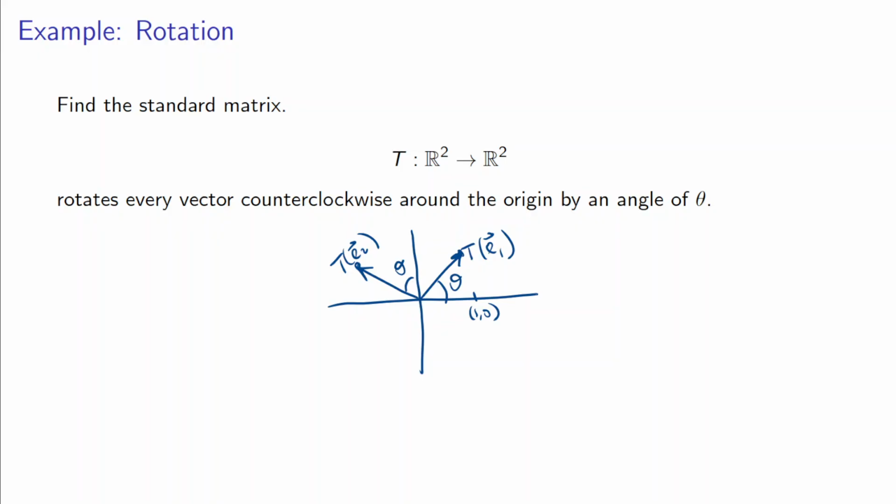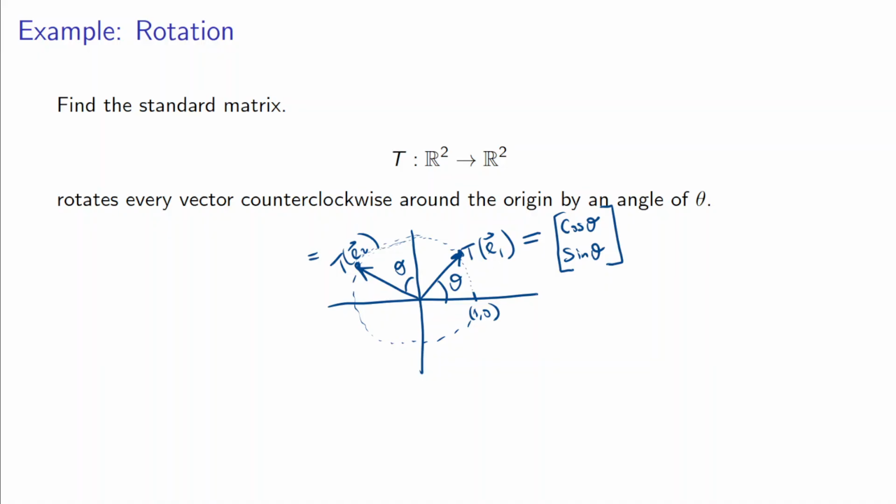And as we rotate these vectors around by an angle theta, we are going to still end up with points on our unit circle. We continue this all the way around, the little dotted line unit circle there. And so rotating the point 1, 0 by an angle of theta gets us precisely to a point whose x coordinate is given by the cosine of theta and whose y coordinate is given by the sine of theta. So the vector T of e1 will just be precisely cosine theta, sine theta.